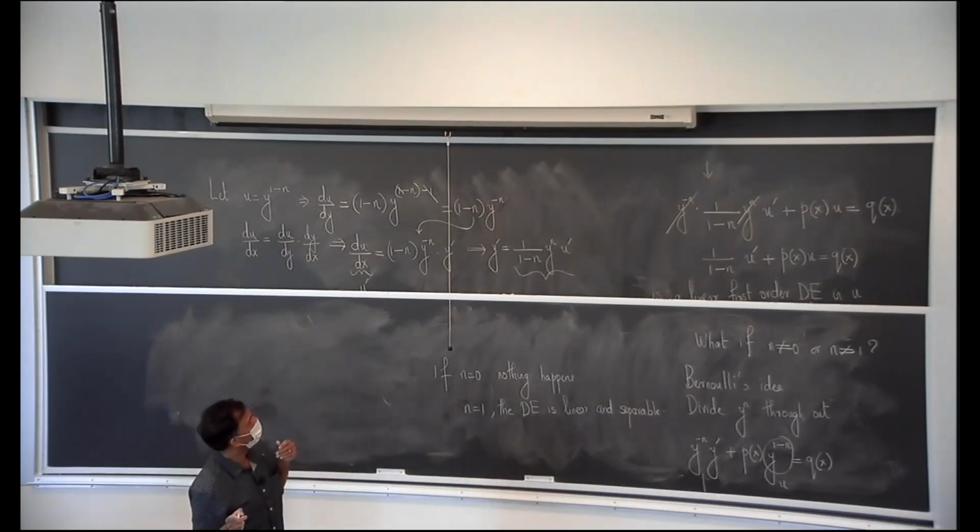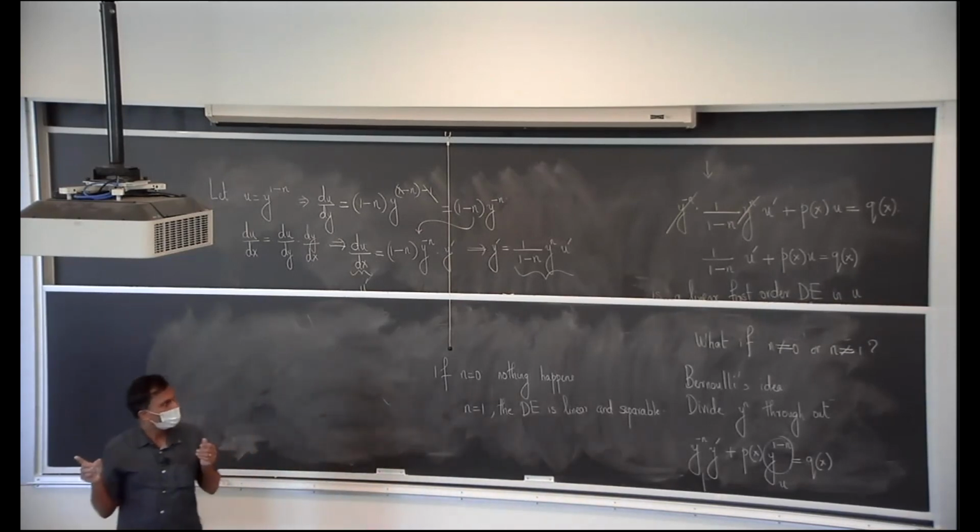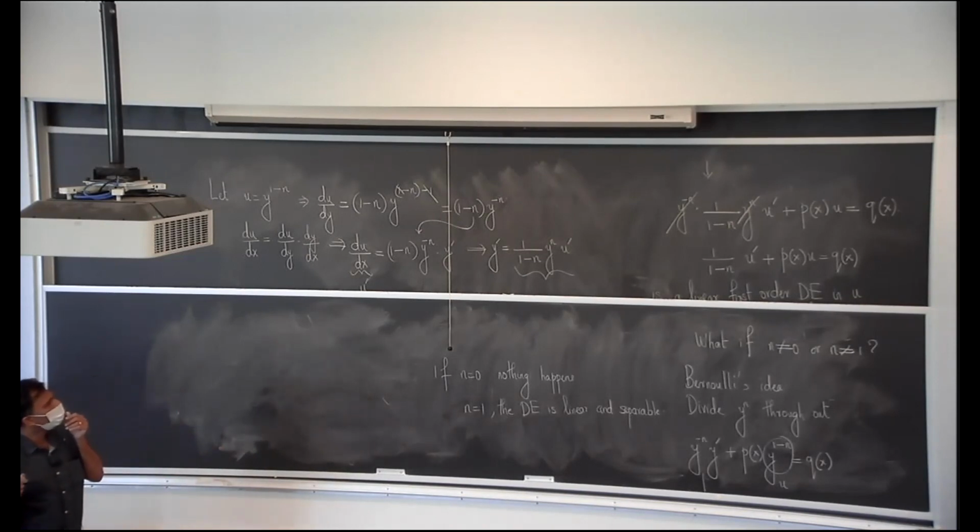What's that? If n equal to 2, we had the standard form where there was y to the n on the right hand side. Does that mean it's no longer linear? Right.